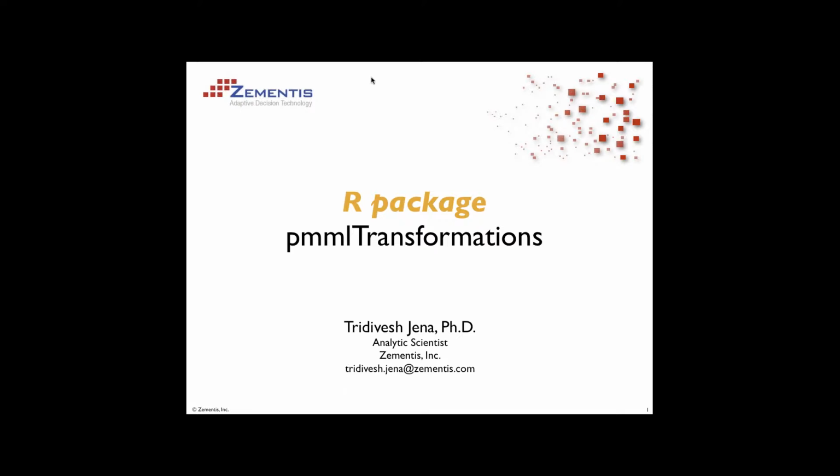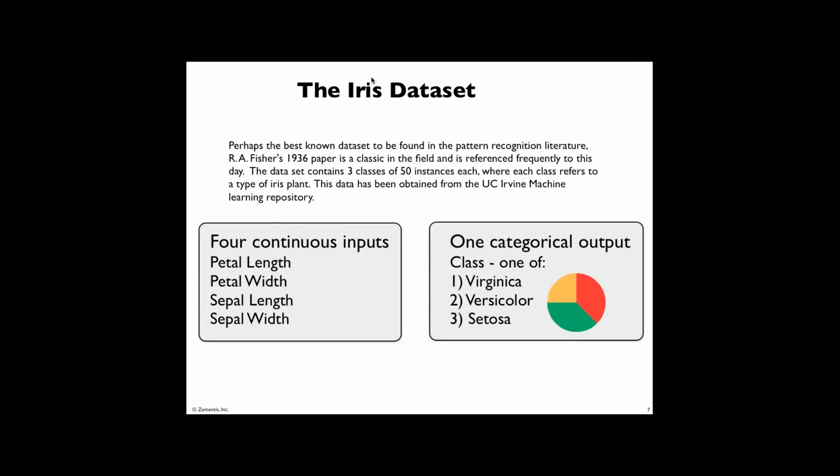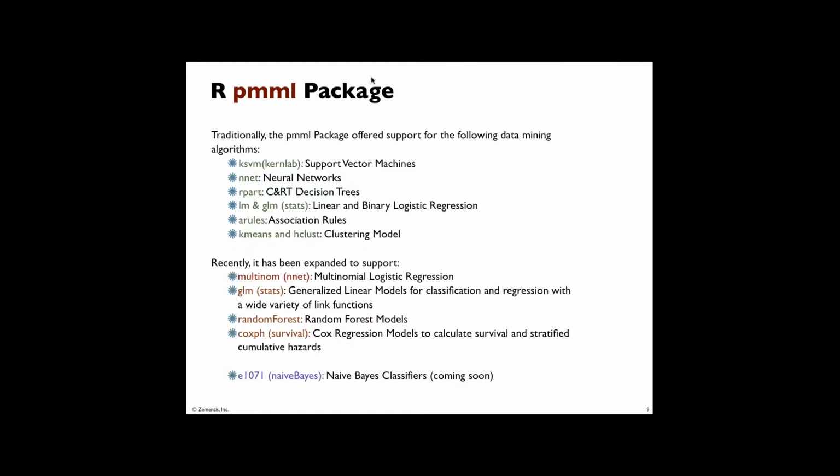And I have another question. Can all models be exported to PMML from R? Let me show you. Here you go. Here's a list of the models which can be, as of now, exported from R in PMML language.